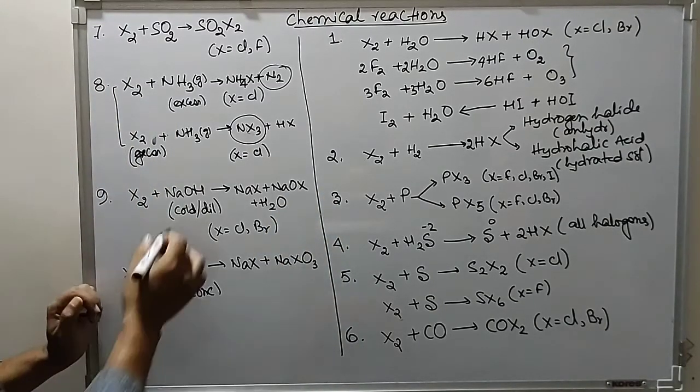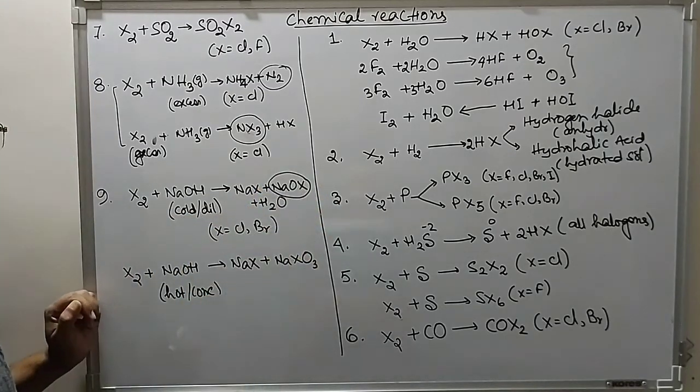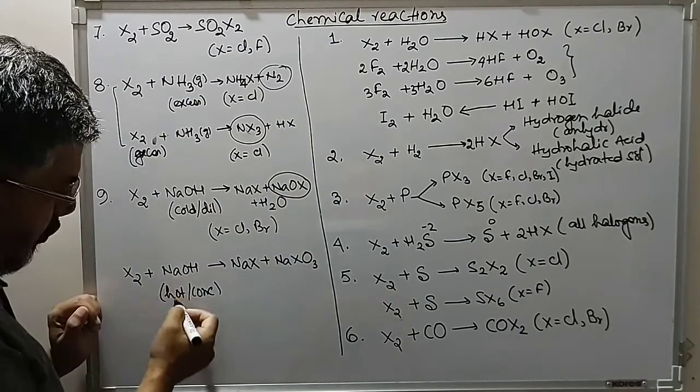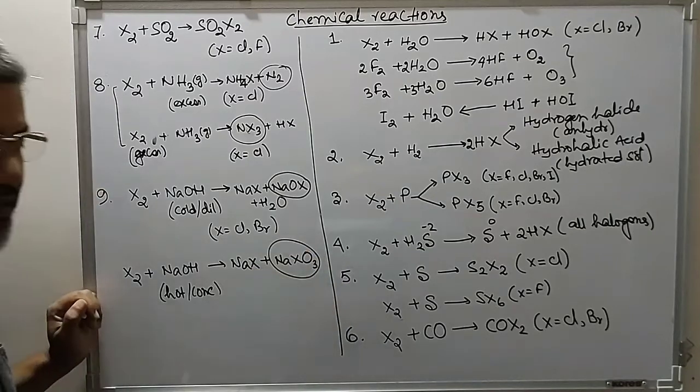So look at this: with cold and dilute solution, OX minus is formed, the hypohalide ion. With hot and concentrated solution, halide ion is formed.